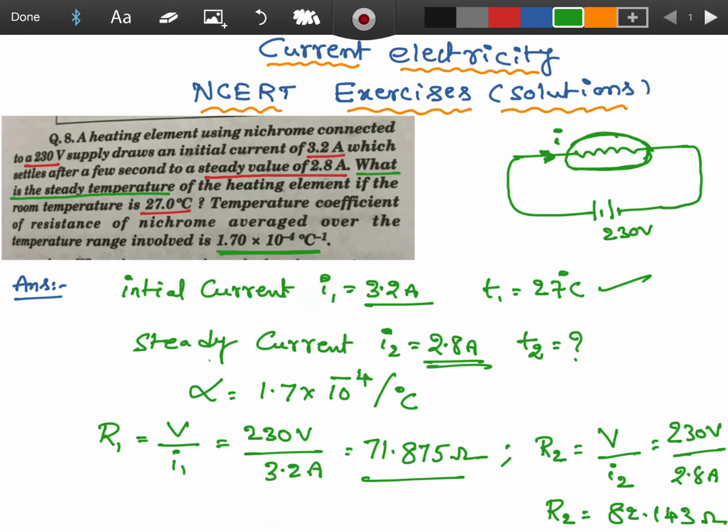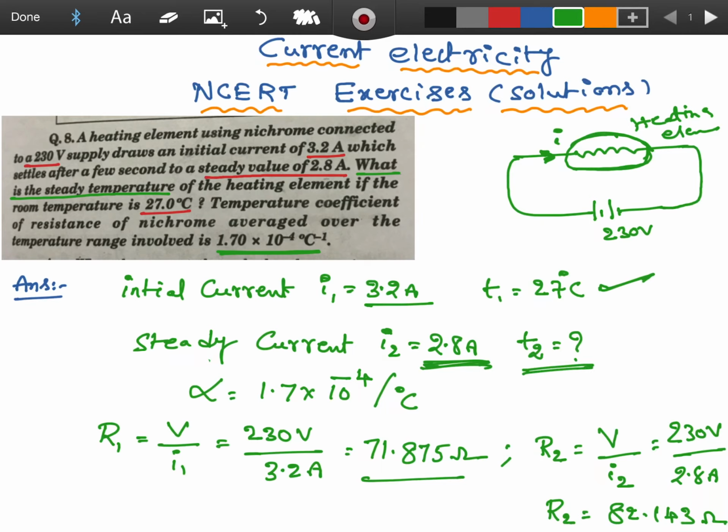That's it. Once again, see, students: here is a 230 volt battery and a heating element. Initially it is at room temperature, 27 degrees Celsius, so more current and less temperature. After some time, due to heating effects, the temperature increases, resistance also increases, and the current reduces slightly from 3.2 to 2.8.